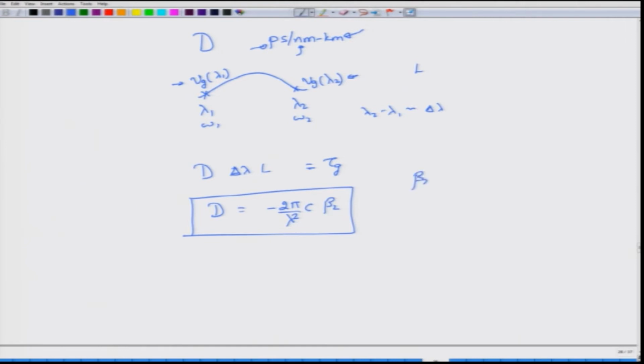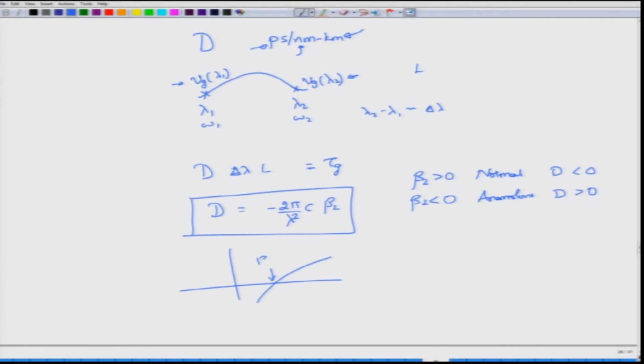So, when beta 2 is greater than 0, you have what is called normal dispersion. In that case D will be less than 0, but when beta 2 is less than 0, you have what is called anomalous dispersion, for which D is greater than 0. And if you look at this D, you will see that the overall D goes something like this.